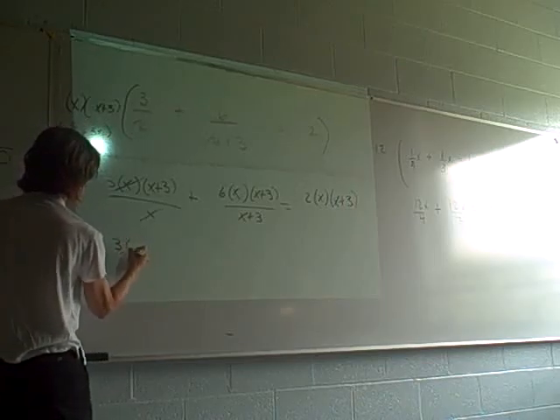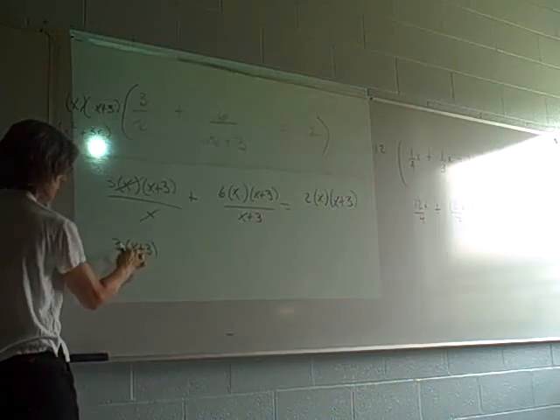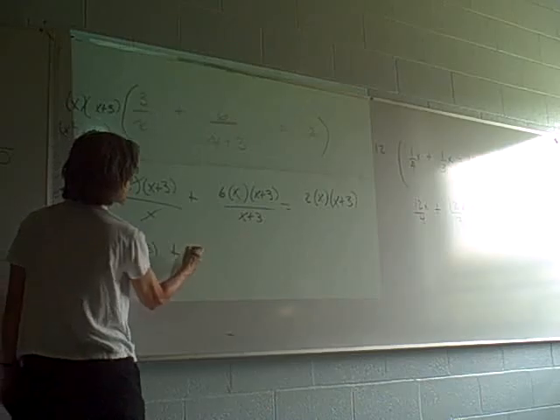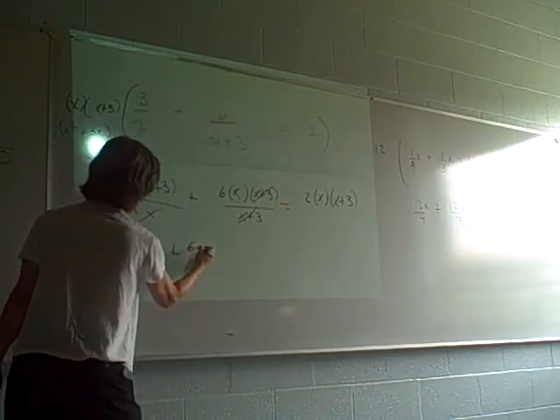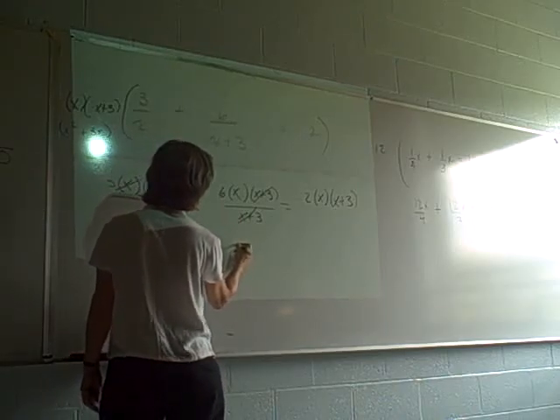So I'm going to have 3x plus 3. And you just need to remember that it's multiplication, which is why I'm keeping it with parentheses, plus, well, 6x. And then this one was, what?